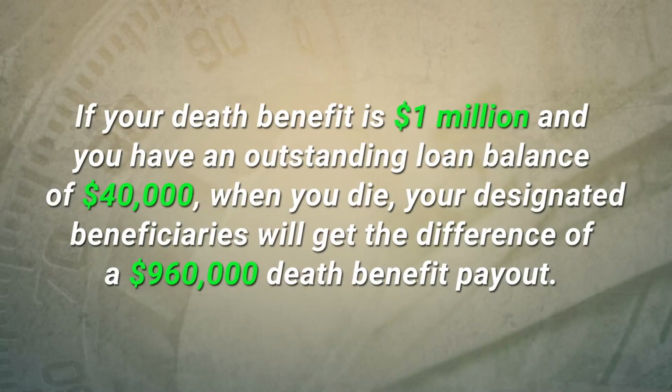Still, when you die, instead of now getting $1 million death benefit, instead the life insurance company is first going to pay off that policy loan. So we said it grew to $40,000, so they're first going to pay themselves back, and now the remaining $960,000 is the money that's going to flow to the beneficiary named in your life insurance policy.